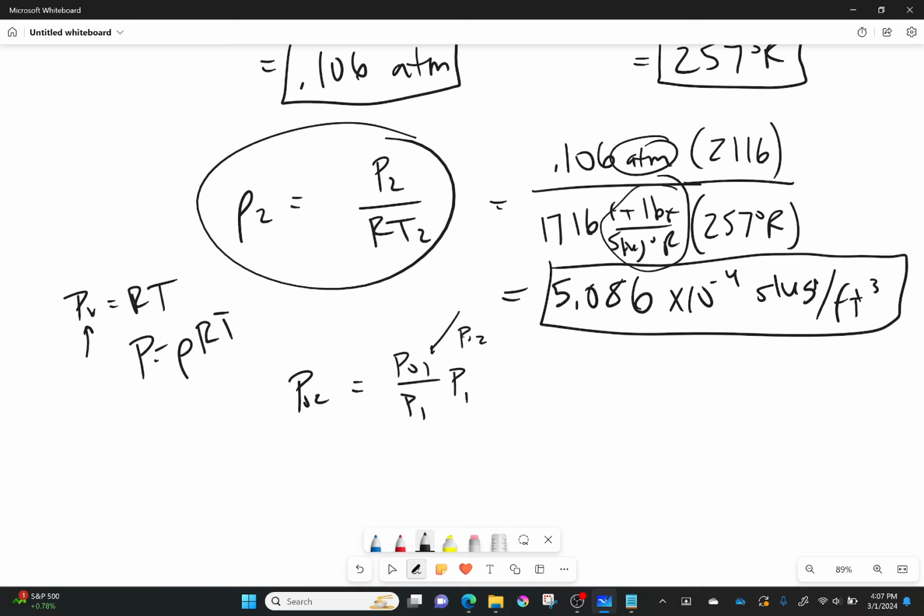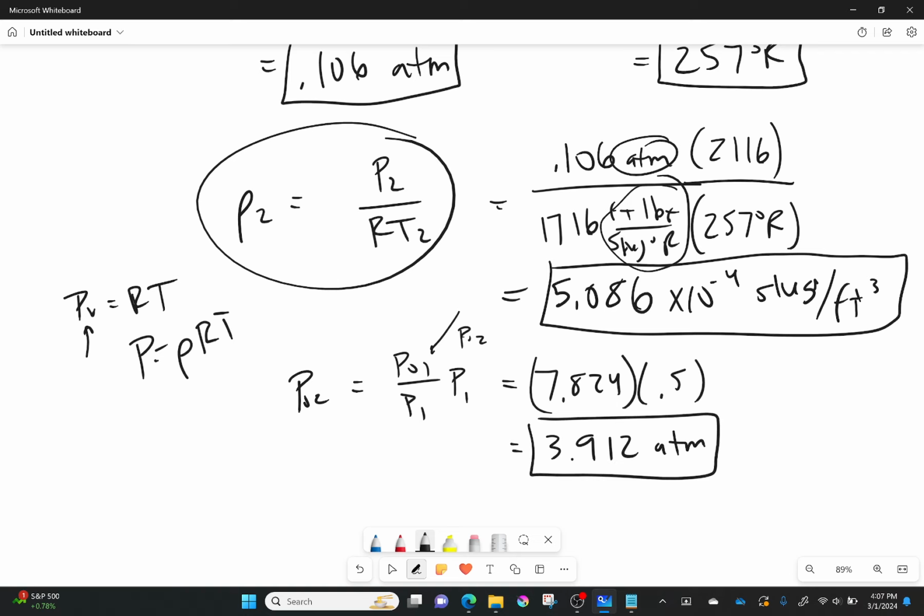It doesn't change across the expansion fan, so just calculate the one that's easiest. So I plugged it into my calculator, and what do I have here? I've got 7.824 times 0.5, and I'm going to do some math in my head here, people. It's dangerous territory, but I believe that's 3.912 atmospheres. Okay, that's my total pressure.